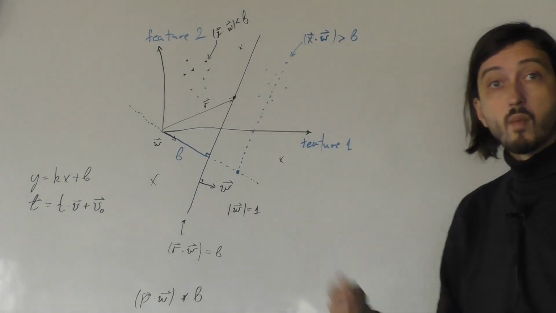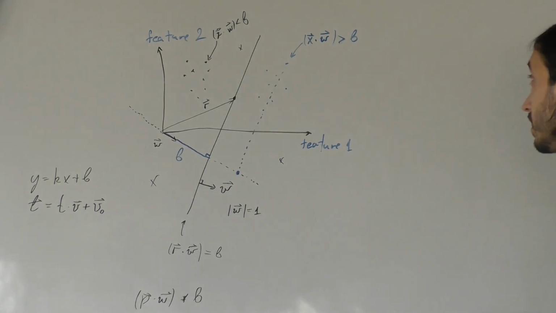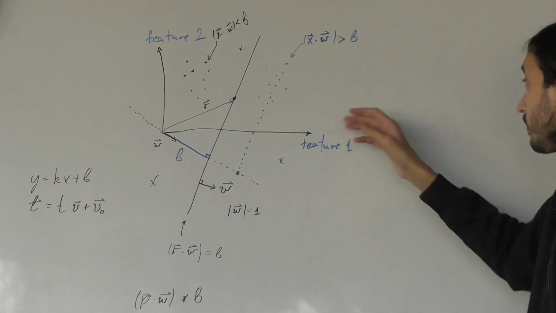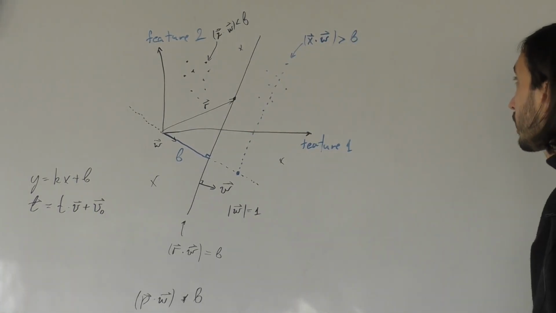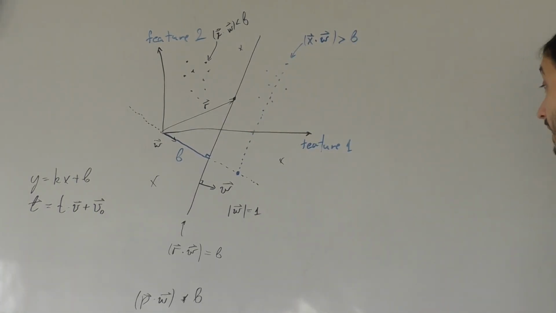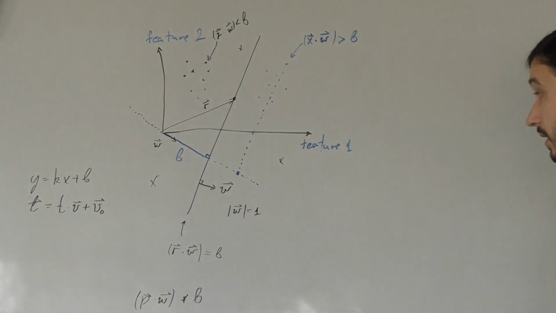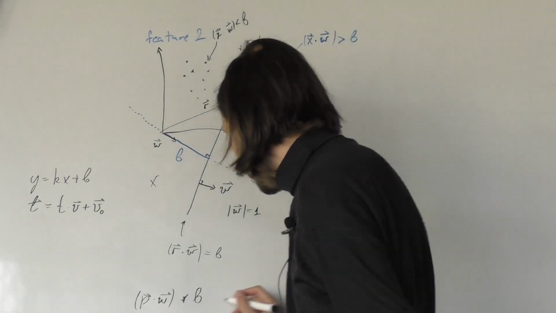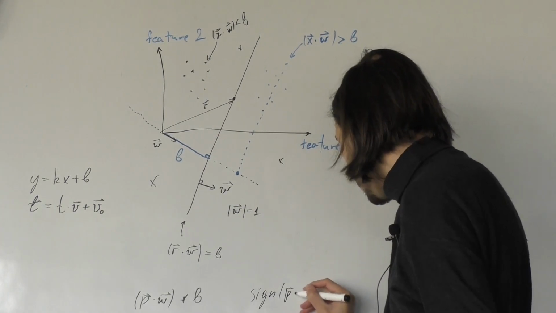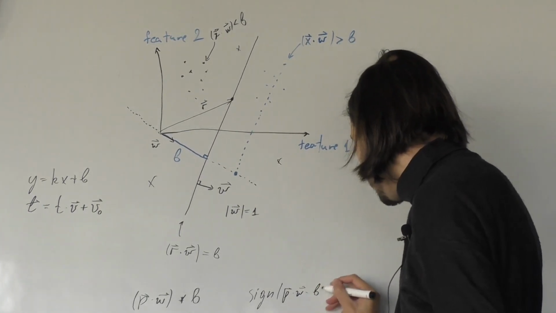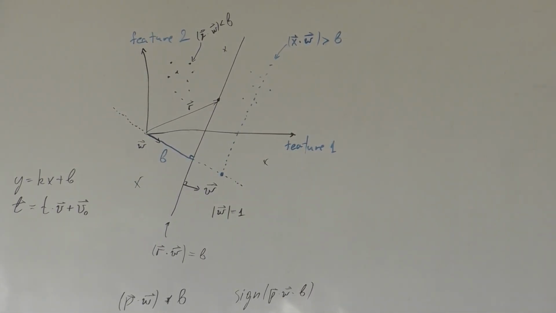So that's how my classifier works. Do I have greater than b or smaller than b? Or I can take b to the other side, and I can take the sign of p times w minus b. So that's still okay.